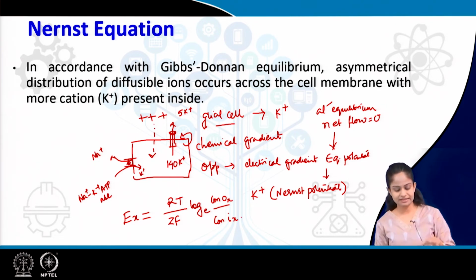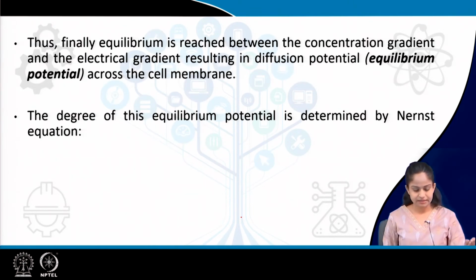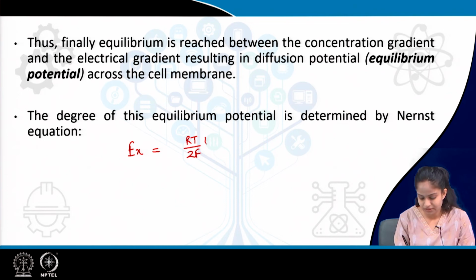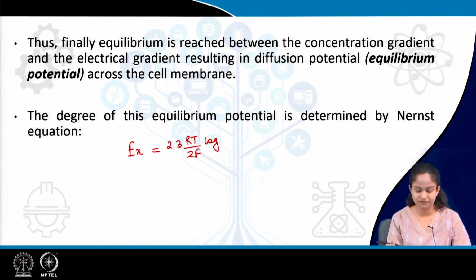Now, if we convert log e to log 10, the equation will be RT by ZF, with the value 2.3, since we have converted log e to log 10, times the concentration of the ion outside by the concentration of the ion inside.